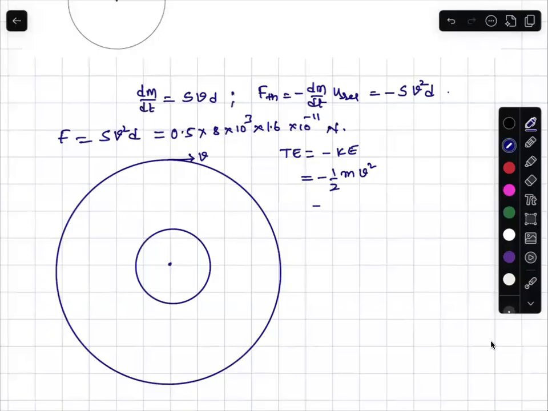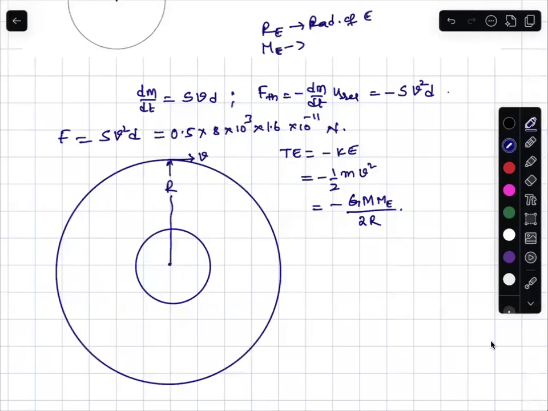So you can write this, or even you can write this one as G capital M into mass of Earth by, at that instant, radius 2 times R. So I will use RE for radius of Earth and ME for mass of Earth. That is the total energy.